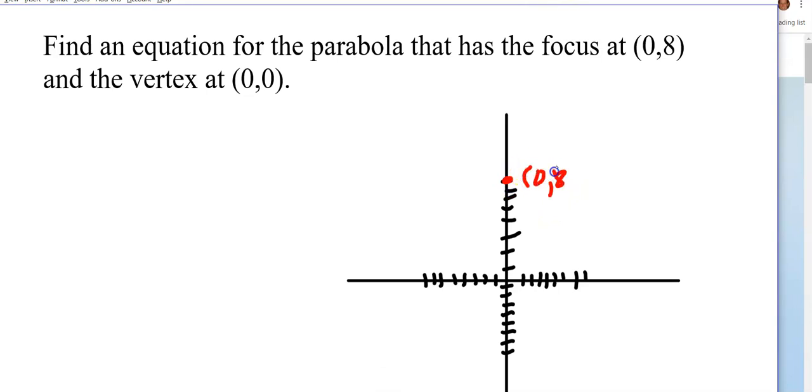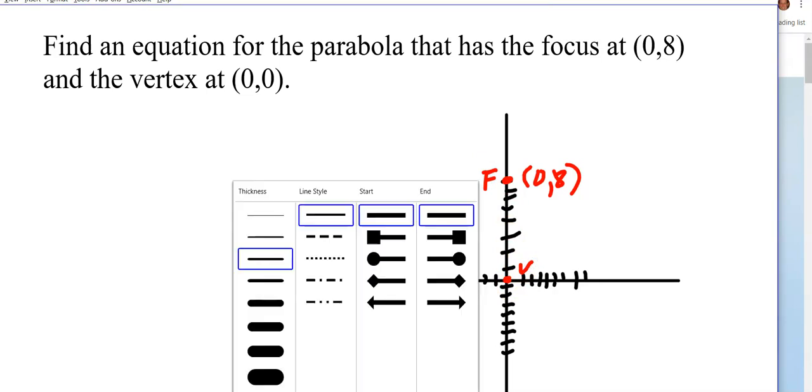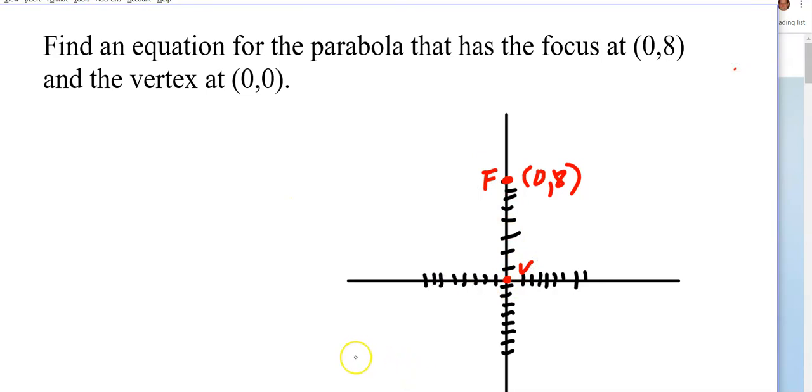We know the focus is at 0, 8. The vertex is at 0, 0, which means our directrix, that line, would be right here, equidistant. So it's going to be y equals negative 8.